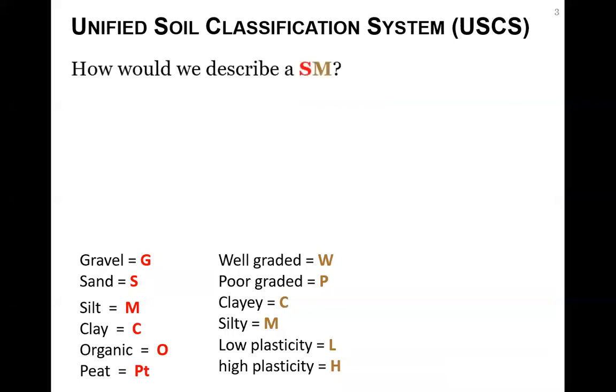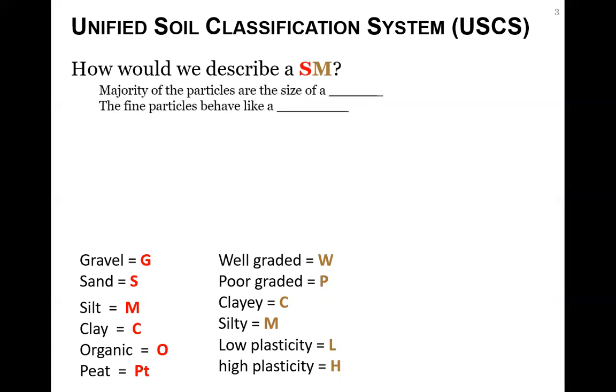So for example, if we have something like an S and M as our group symbol, the majority of the particles are the size of a sand. So that's what that first one is telling us. And then the second one, the fine particles behave like a, what is M? Yeah.